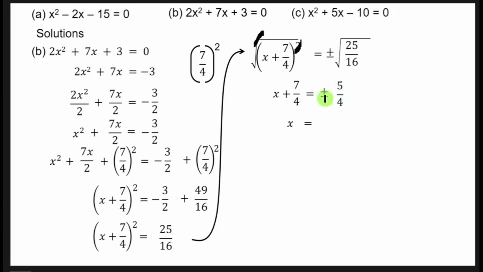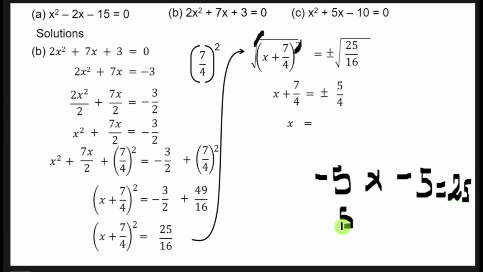Now since you have plus and minus here, it means that what gives you the value of 25 are two numbers, either negative 5 times negative 5, which will give you 25, or positive 5 times 5 is the one which gives you 25. That's why we put this plus or negative.